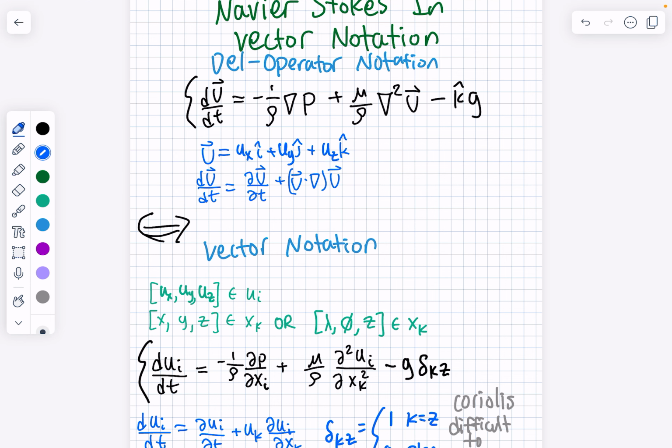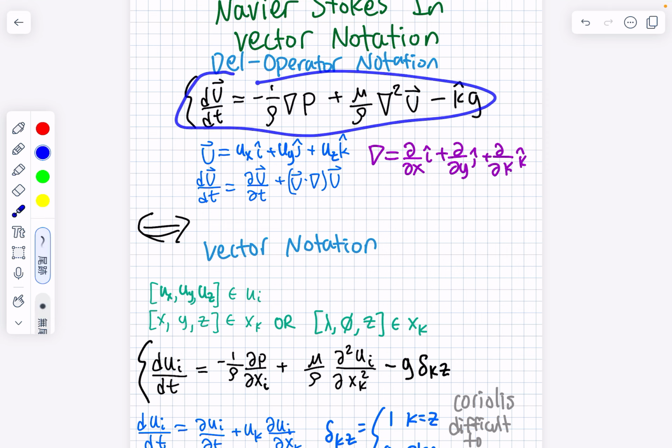And then this, I'll just write it in purple. This is d/dx i plus d/dy j plus d/dz k, right? Okay, that's nice.